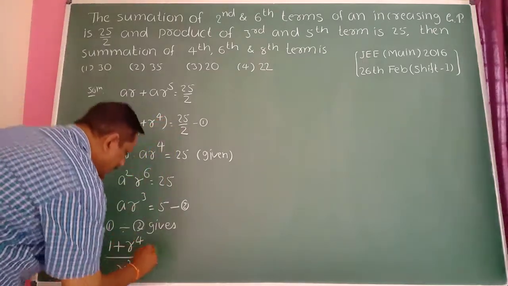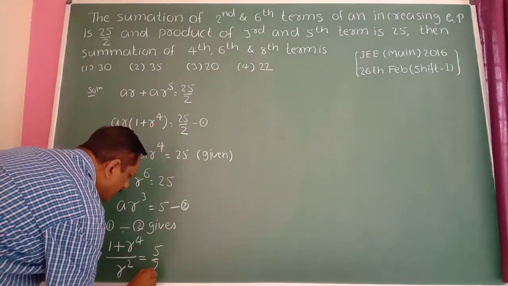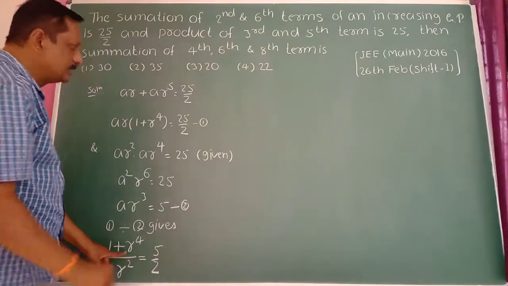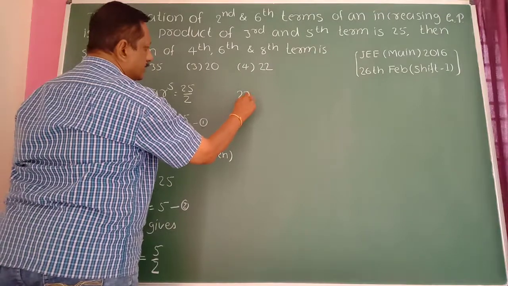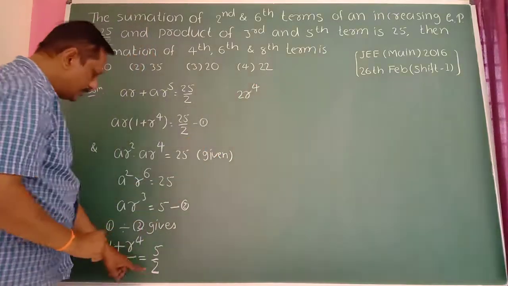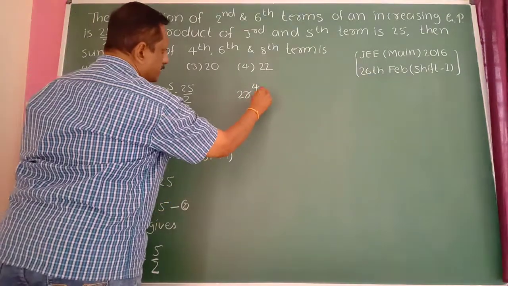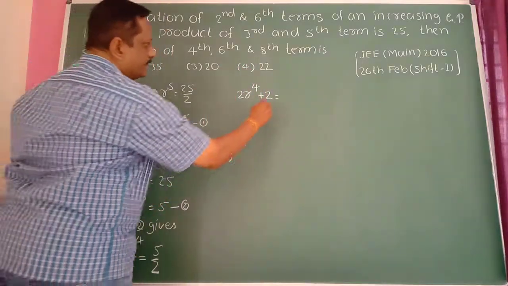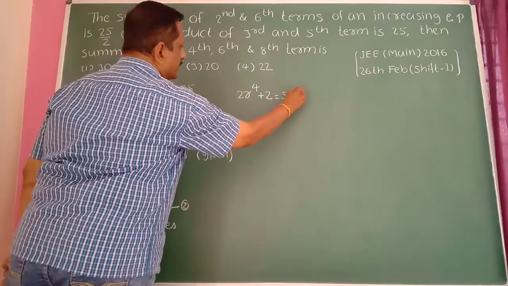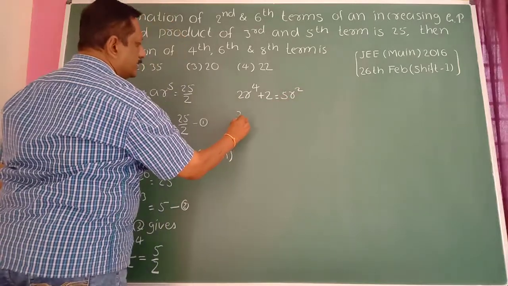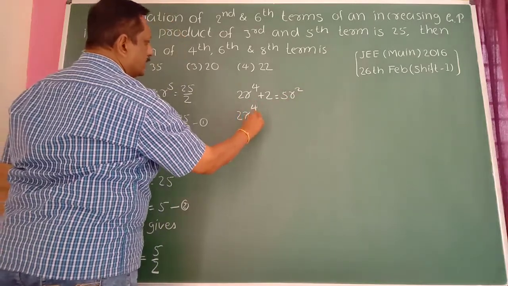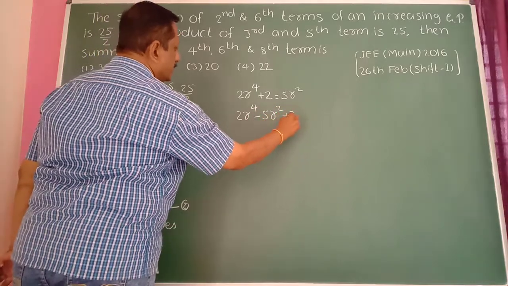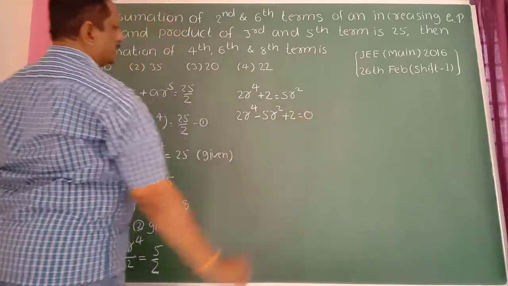Then cross multiply: 2 into R^4 becomes 2R^4, then 2 into 1 becomes 2, then R^2 into 5 becomes 5R^2. Take this to this side: 2R^4 minus 5R^2 plus 2 is equal to 0.